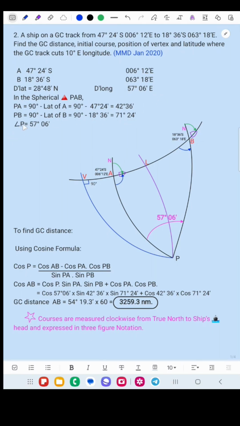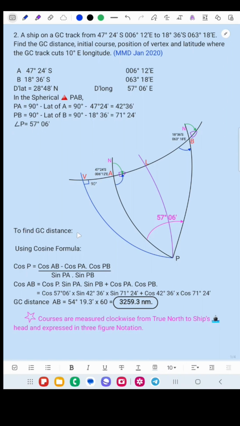D long between A and B, that is angle P, is equal to 57 degree 06 minute. So this is south latitude. I have taken the south pole. A is here, B is here, and this is the GC track.